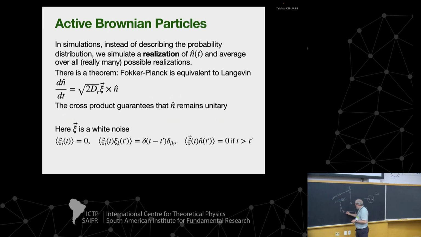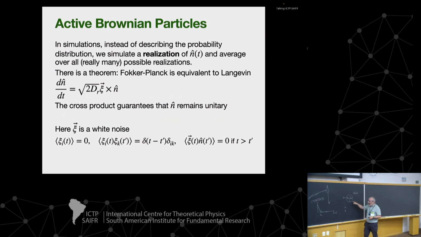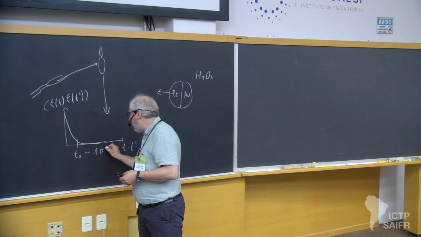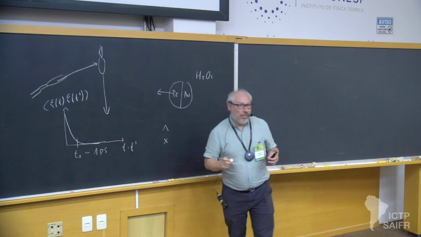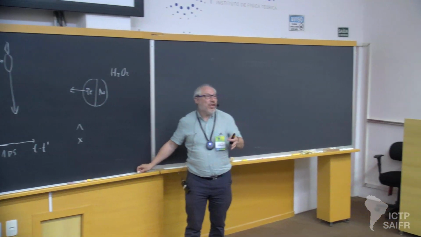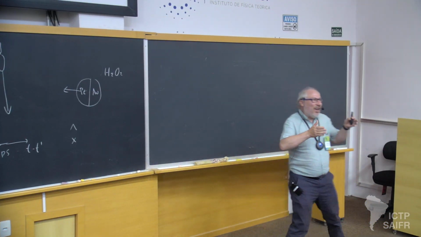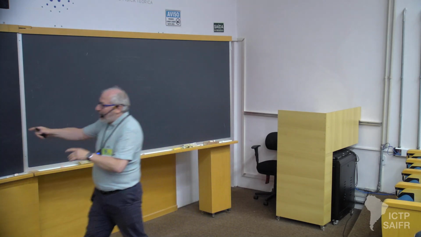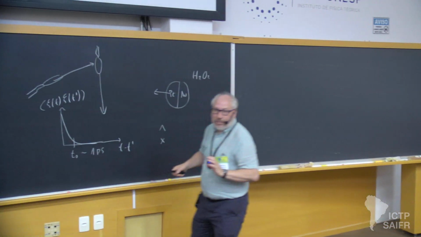But for active colloids, for example, for a colloidal particle like this, you can show quite easily that this is on the order of 1 picosecond. Okay, so we don't care. We don't care, and we just put a Dirac delta. But the physical thing is 1 picosecond.